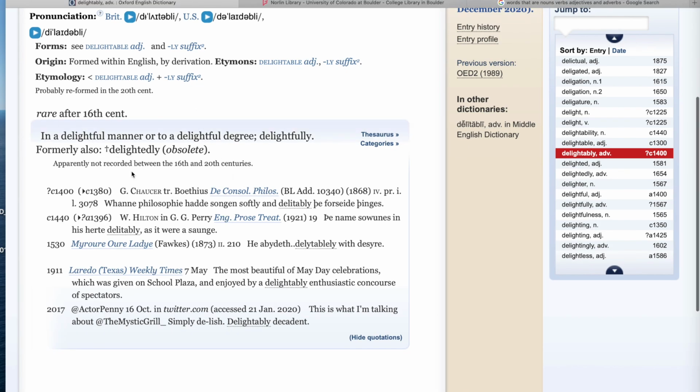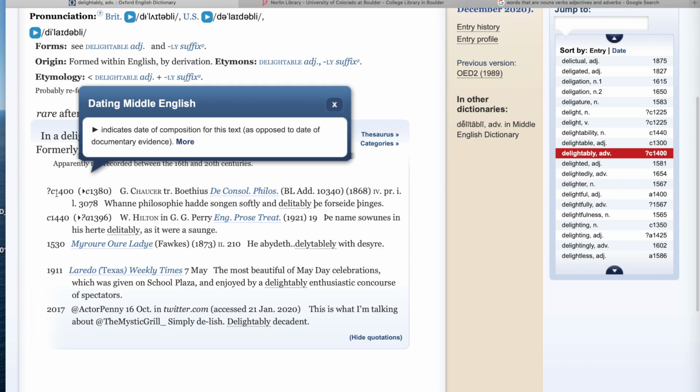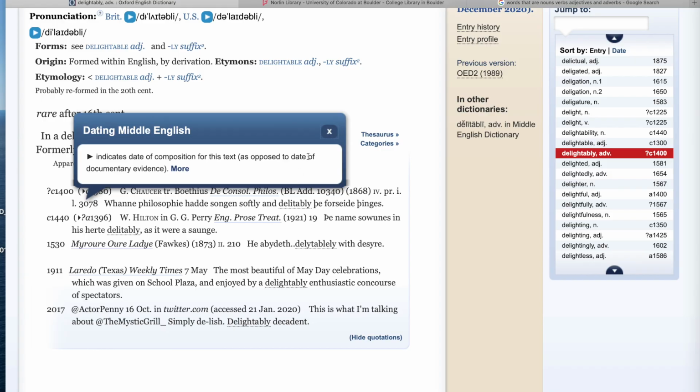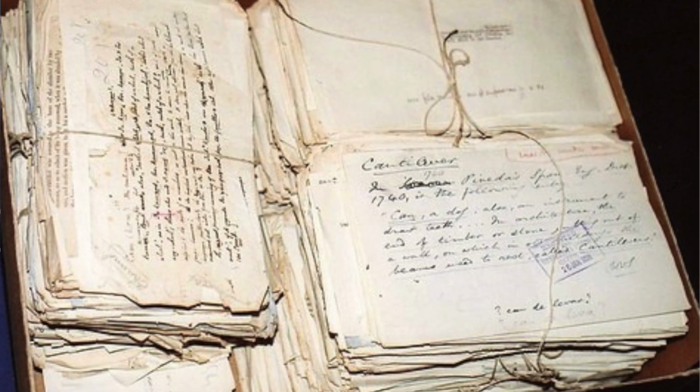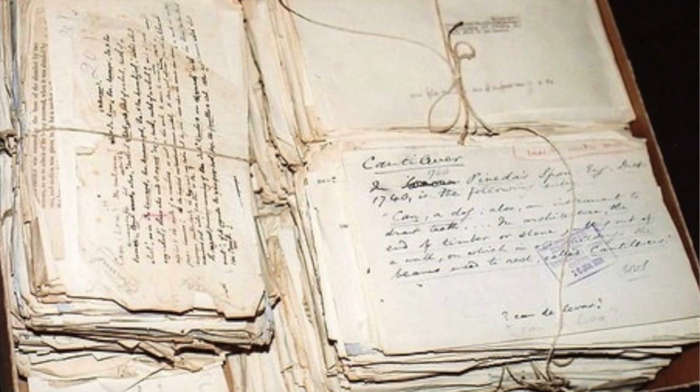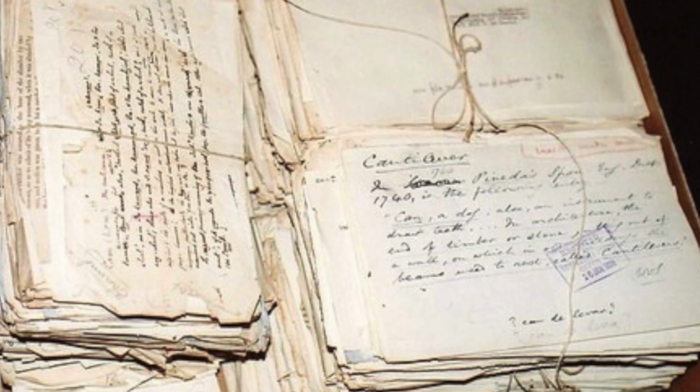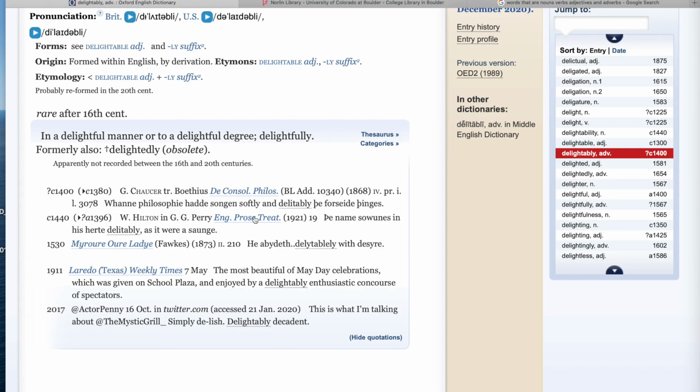But also notice here that it says it was used in the 1400s. And so this is what all those little cards were for, right? Each of those cards had a usage of the word, any old word, that gave a little example. This one is when philosophy had sungen softly and delightedly.